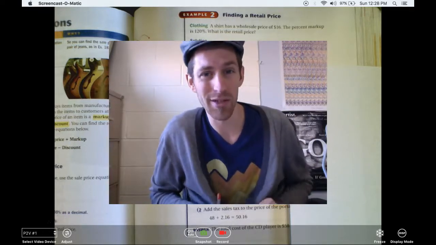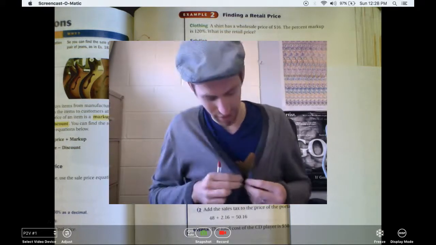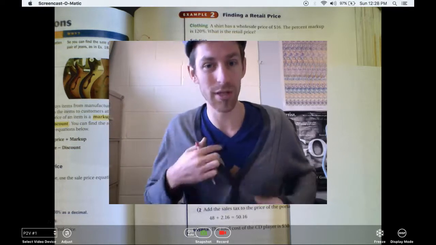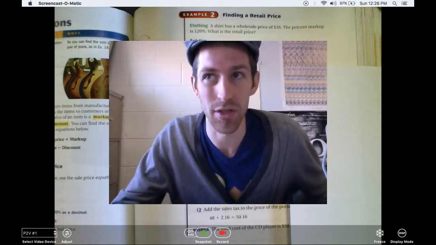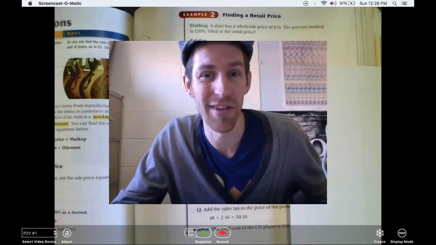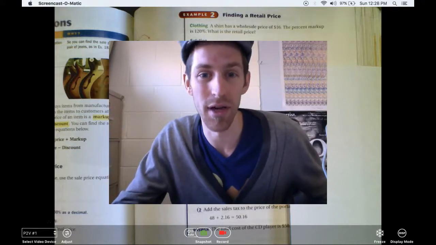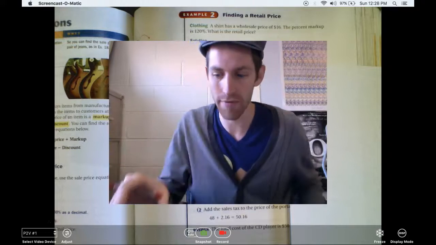I think they paid 20 or 25 bucks for this shirt. You think it cost that much to that store, the wholesale price of this shirt, 20, 25 bucks? No. The wholesale price of this shirt was probably $5, maybe 7, 8. So they marked it up by over 100%. They made good profit on that.